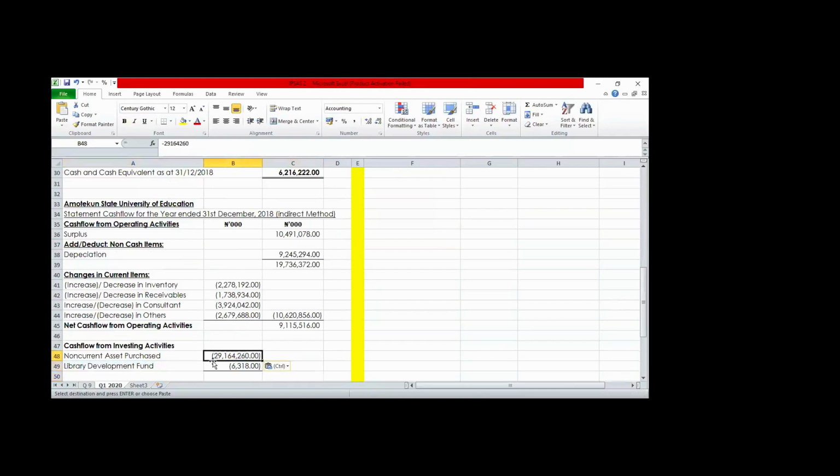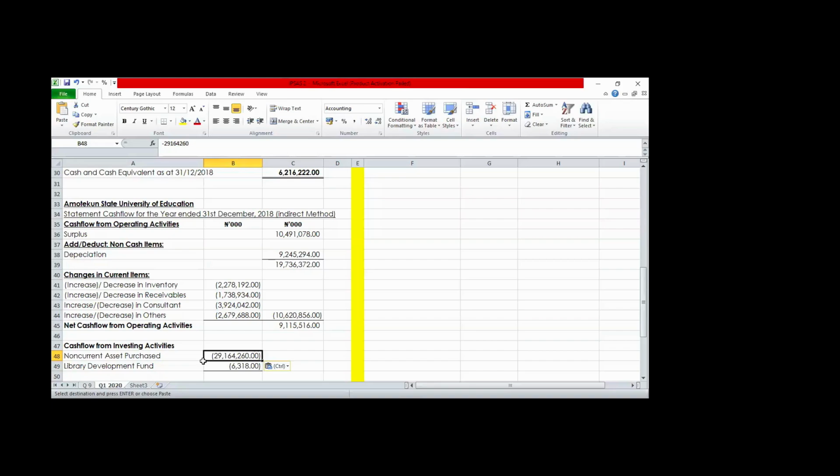I believe you still remember how we pick up this particular figure. The asset, the new asset they bought. You check your working note 1 as addition, or the alternative way is to compare in the statement of financial position the net current assets of 2017 and 2018 plus the current year depreciation.